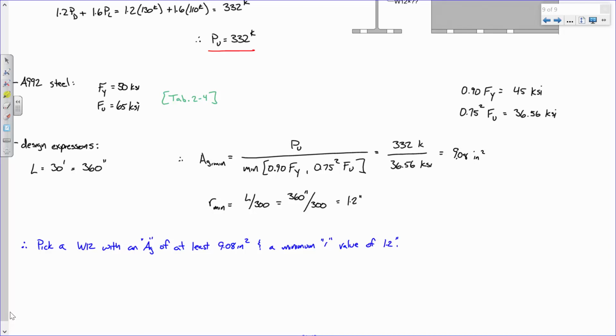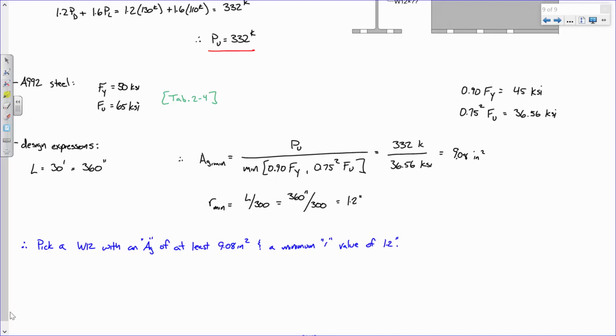We need to verify our assumptions. See, when we did that calc just now, that gross area calc, we didn't look at net area or shear lag factors. We just made a guess. For all we know, this member doesn't work. And the only way to know whether this member works is to just check it start to finish. Okay?